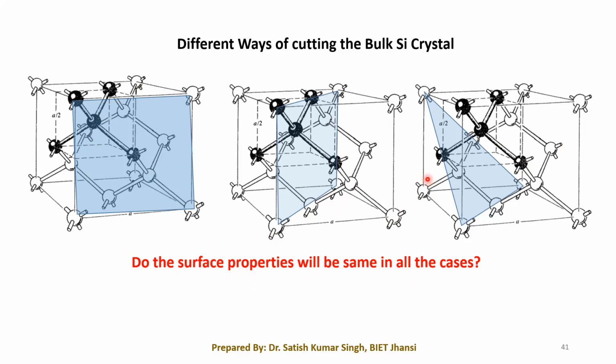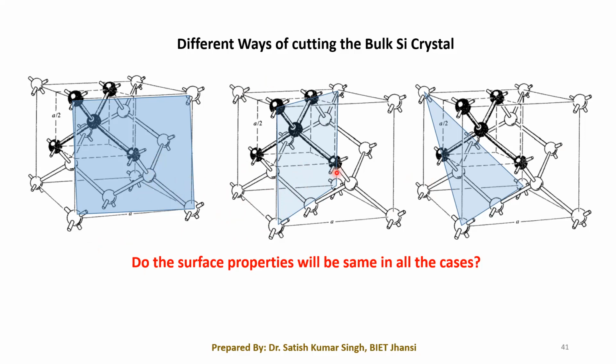As I told you in the last picture, in the case of the guava we were interested in the number of seeds that we were able to expose. Here we are interested in the number of atoms that we will be able to expose on the surface after cutting the bulk silicon crystal.